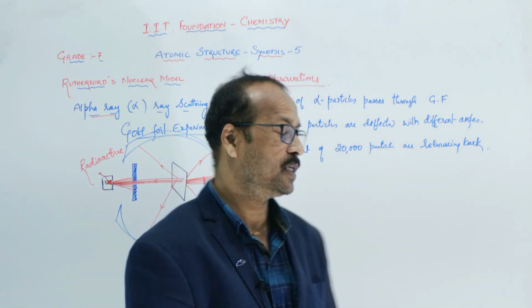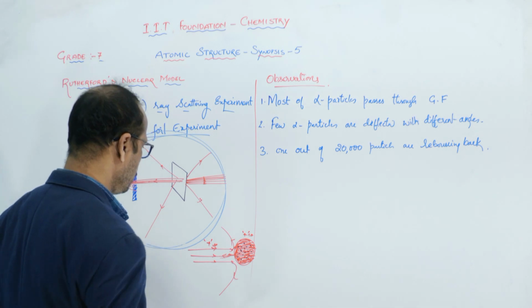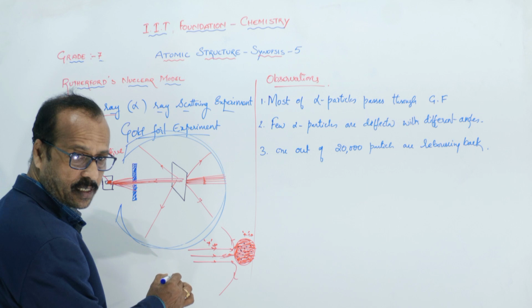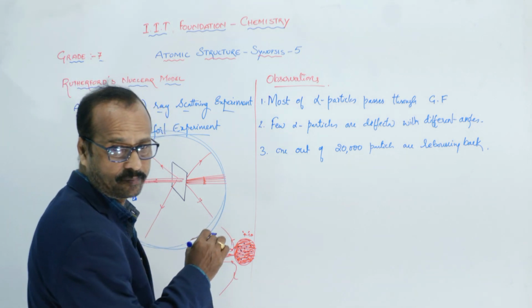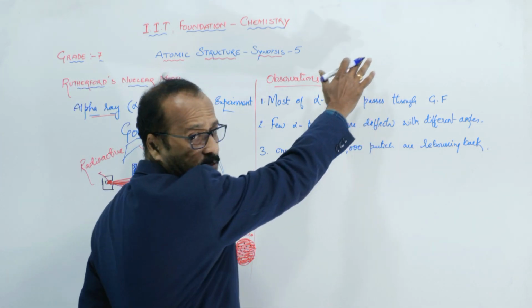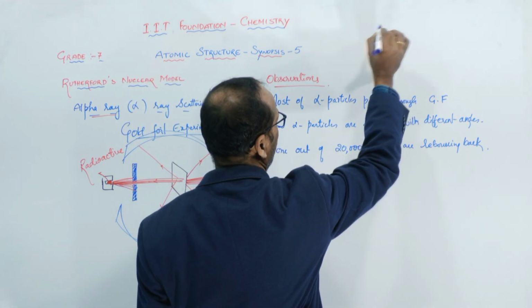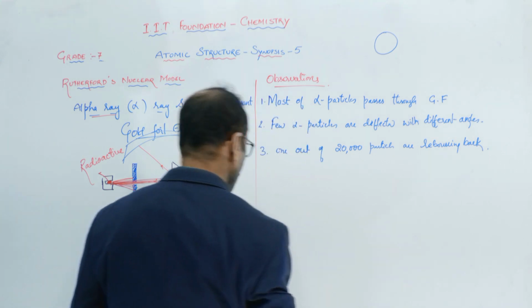So what did he expect? Can you see the diagram here? I'll draw the diagram. For example, if it is an atom like this, I am taking a single atom now.